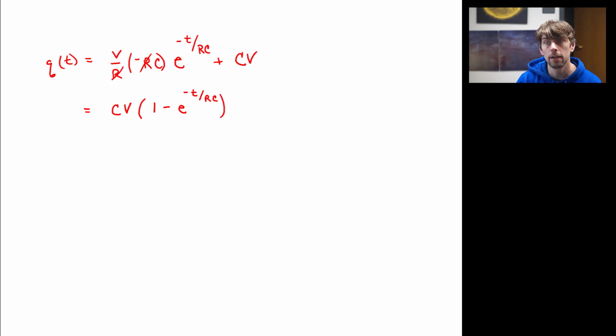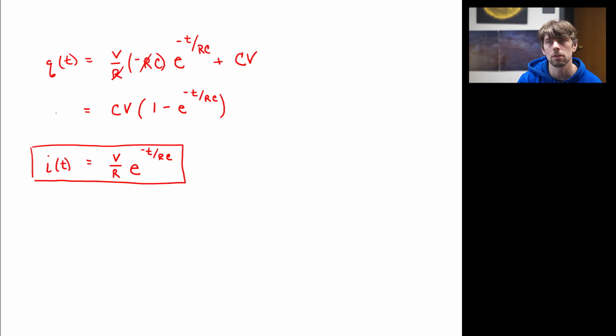Oh, by the way, my current as a function of time, if you remember, it just had A out in front. And so my current as a function of time is simply the potential of the battery divided by the resistance, e to the negative t over RC. And there we go. Here are the two solutions.